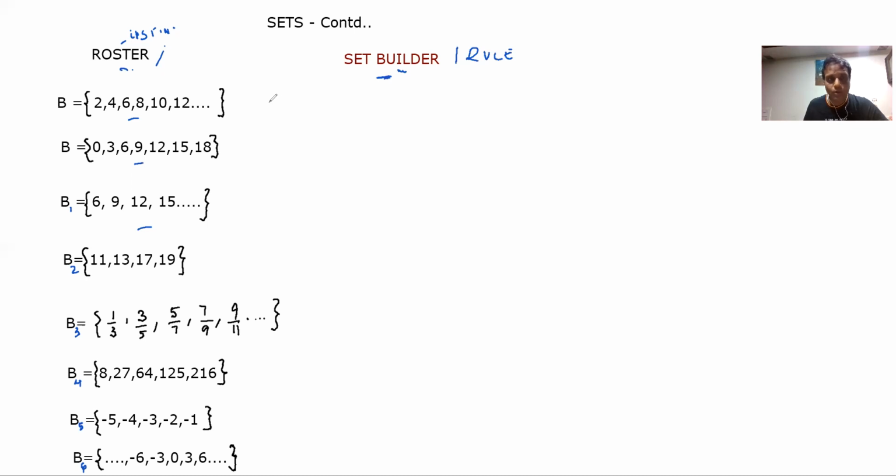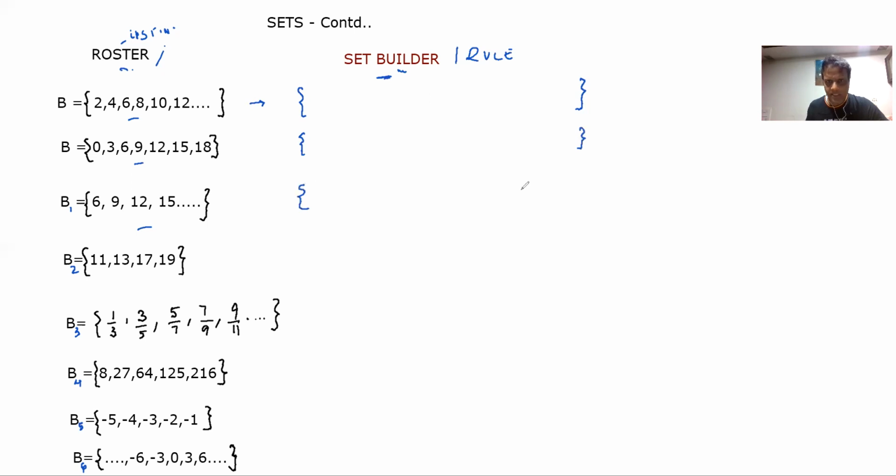Today I'm going to talk about some rules. The moment you follow those rules, you cannot make a mistake. There are some basic 2-3 rules. First, make a curly bracket. The set builder starts with a curly bracket. The data will lie between the two curly brackets, and this is going to be uniform across.